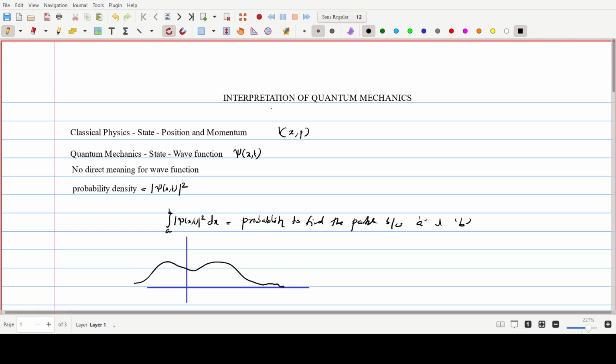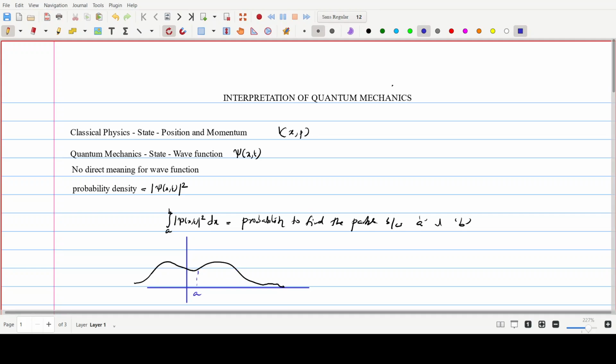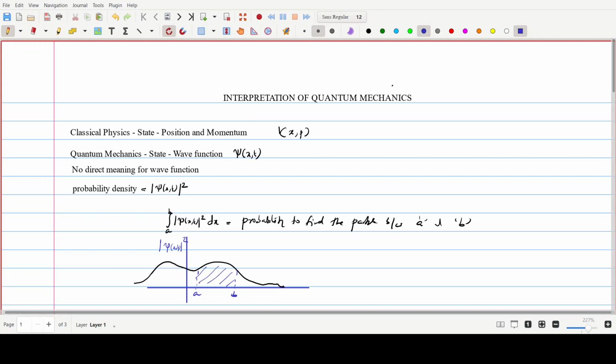Now let us mark the positions A and B. Suppose this position is A and this position is B. If you integrate mod psi square, so this is mod psi square, between A and B, that is basically the area under this curve. That will give the probability to find the particle between these two positions.